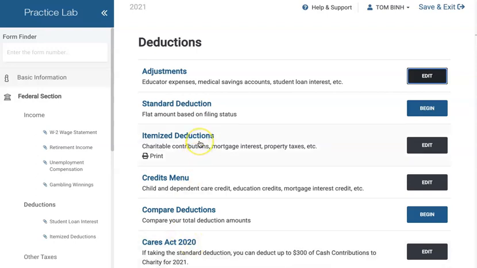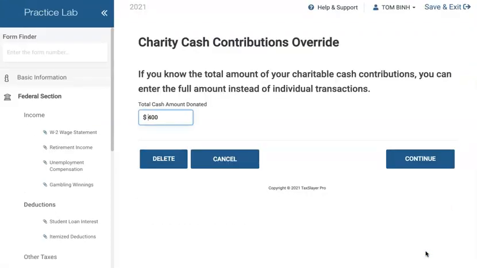Rather than going to itemized deductions as we talked about before, you can click here. It's already there, so it's edit rather than begin. And this is essentially the override function that we talked about before. That's a recommended option for entering contributions by check or credit card.